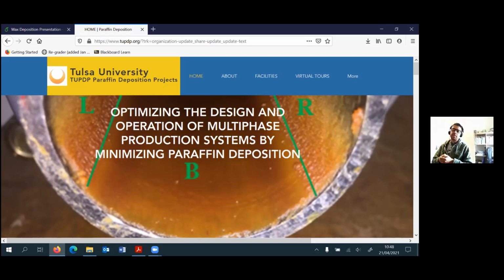The reason that this is of interest to industry is that as this wax layer builds up, in principle it minimizes or makes smaller the cross-sectional area of the pipe where you can actually flow oil through.